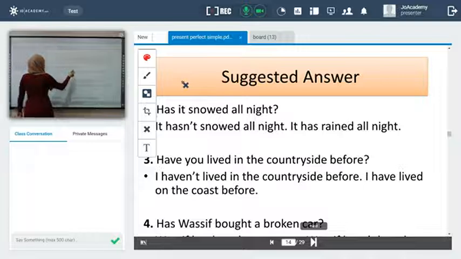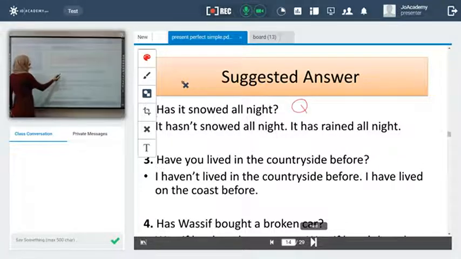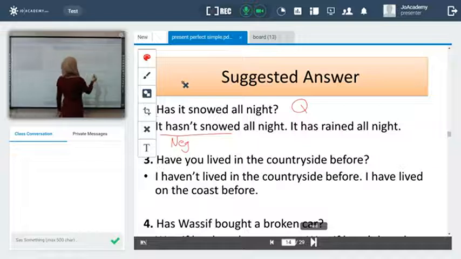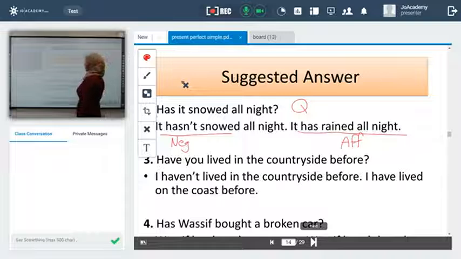This is the question. I'm going to write Q. It hasn't snowed all night. This is the negative. It has rained all night. And this is the affirmative. So the right sentences here are, has it snowed all night? This is the question. It hasn't snowed all night. It has rained all night.